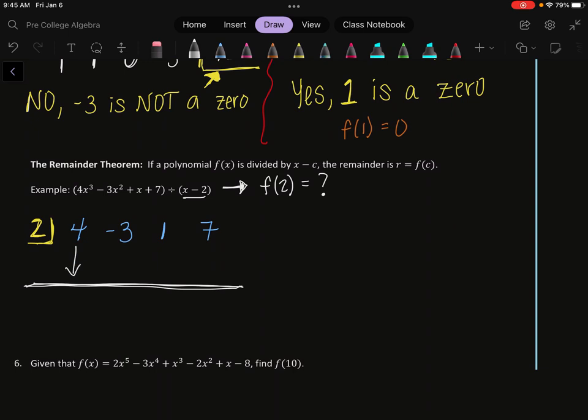And then start synthetically dividing. Bring down the 4. 4 times 2 is 8. We add those. Negative 3 plus 8 is 5. 5 times 2 is 10. 1 plus 10 is 11. And 11 times 2 is 22. And 22 plus 7 is 29.